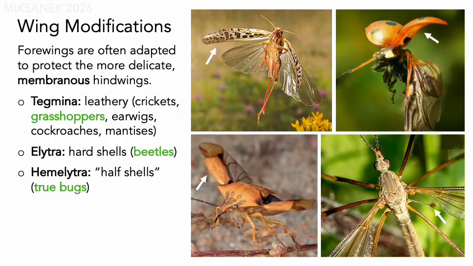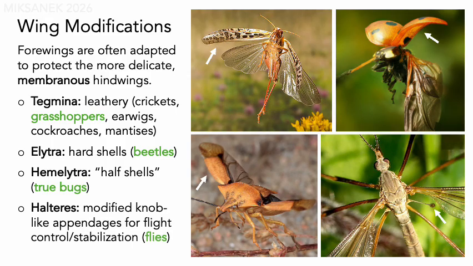And then the last modification to consider are halteres. These are such an extreme modification that we don't even really consider them to be wings anymore. Diptera, the order that contains flies, literally means two wings. Instead of two pairs of wings, just two wings.